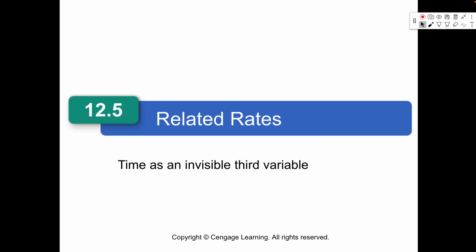Okay, so when we're dealing with sort of a three-variable thing, one of the variables just doesn't show up. The questions will talk about change over time, and so time is involved, but it's not a variable that you necessarily see. But x and y, their change is happening over time.